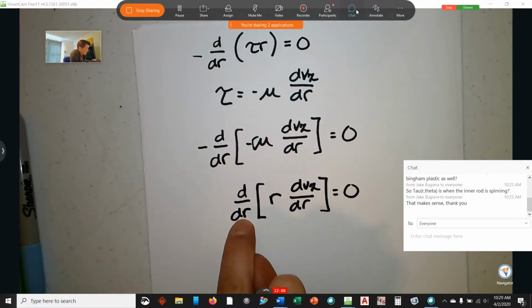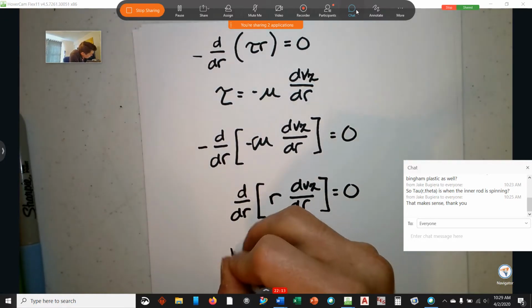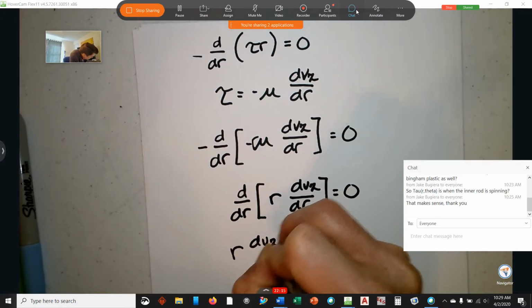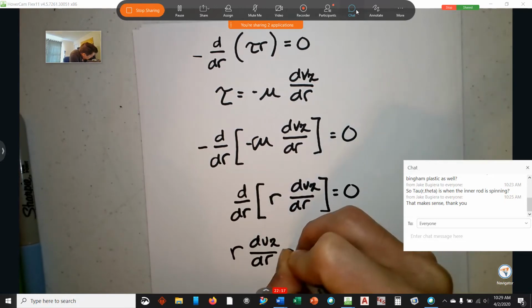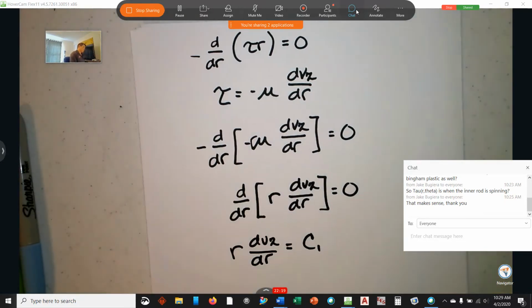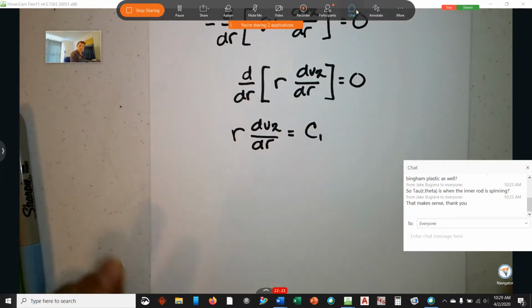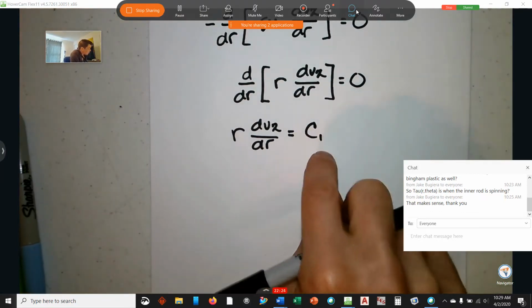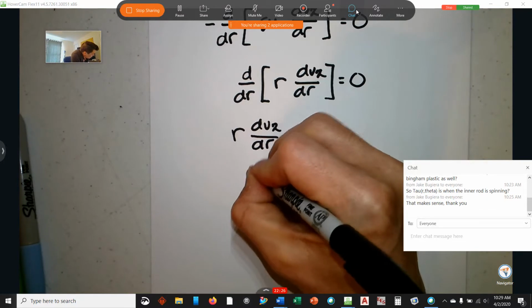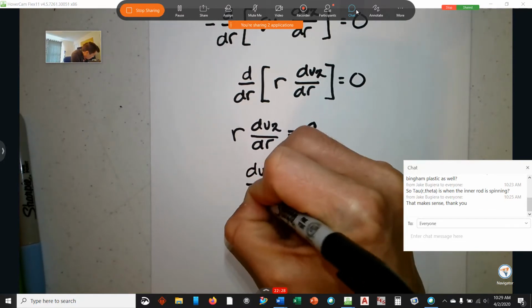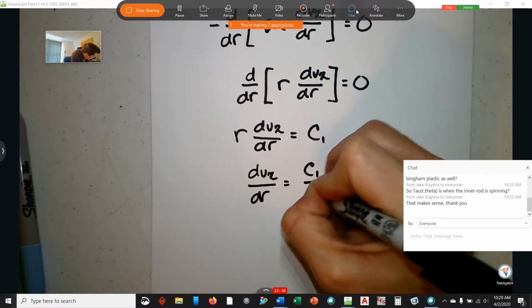The derivative of this function with respect to r is 0, so this function is equal to a constant. I'm going to divide over r, so dvz dr is c1 over r.